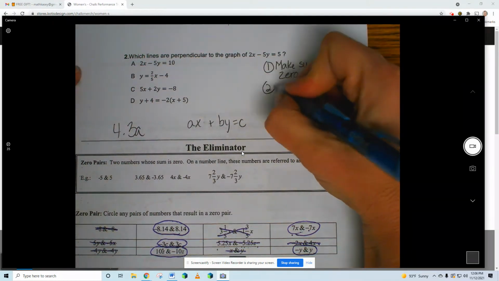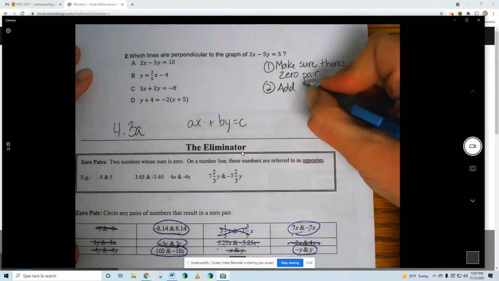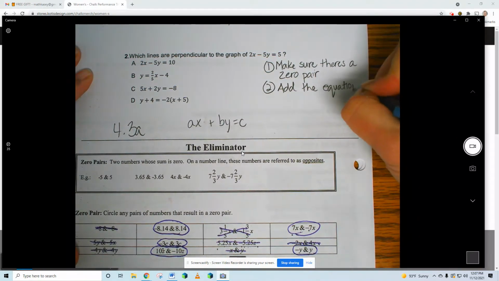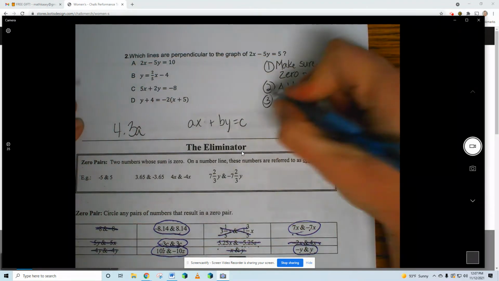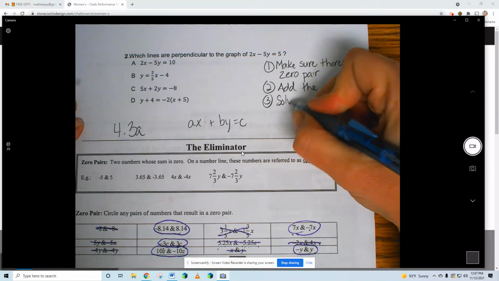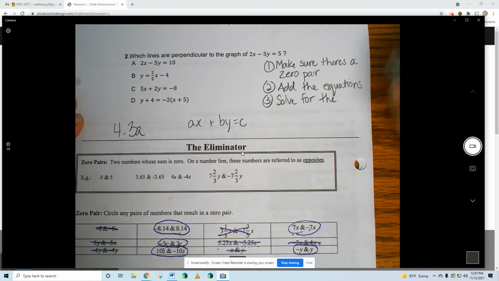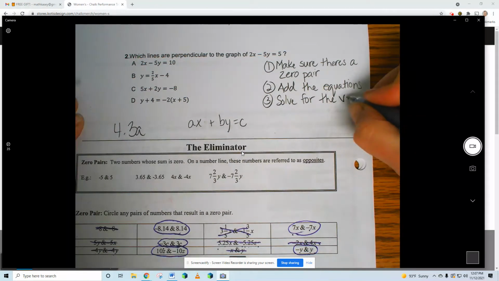Step 2, I'm going to add the equations. Step 3 is to solve for the variable. There's only going to be one variable left when I add the equations. Solve for the variable.